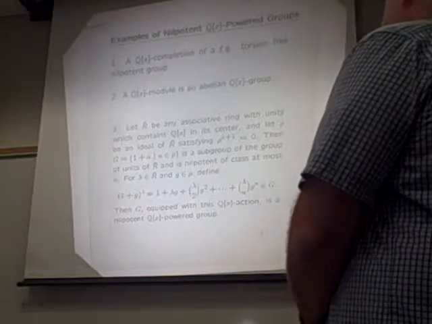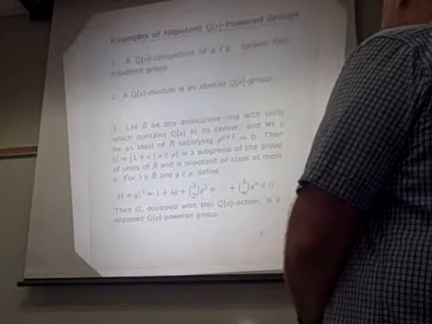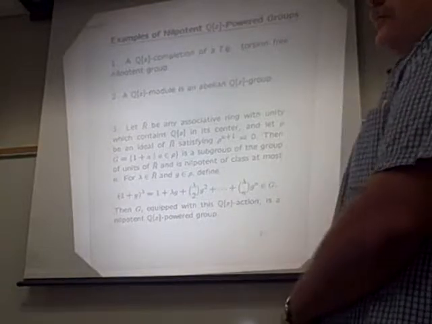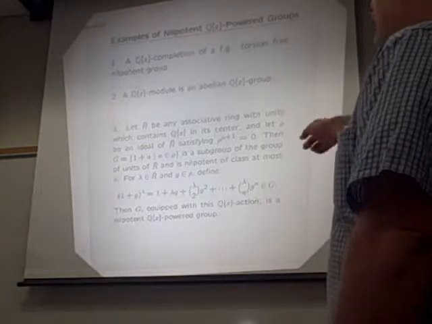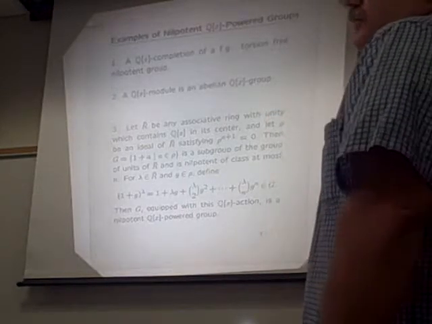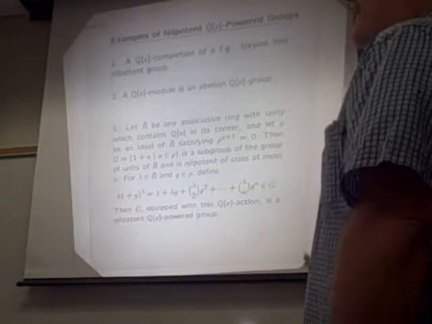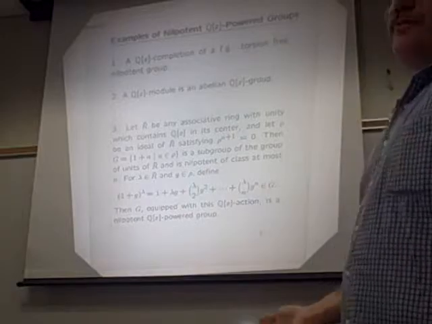It turns out, after verifying all the axioms, that the group G equipped with this exponentiation is a nilpotent QX power group. So if I restrict myself to just the QX elements alone, the lambdas that lie in QX, it works out to be nilpotent. Of course, QX has to lie in the center, otherwise you don't have commutativity. You want to have a commutative ring.